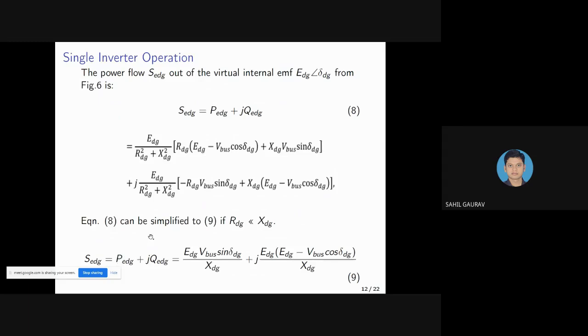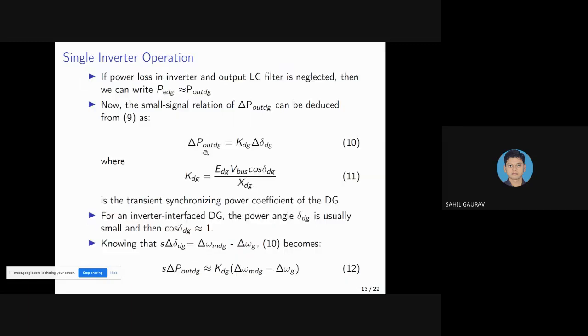P DG becomes equivalent to P out DG, so we have to just take the derivative of this part with respect to angle, with respect to delta. So this comes out to be like this: delta P out DG divided by delta delta DG, and this K DG is called the transient synchronizing power coefficient of the distributed generator.